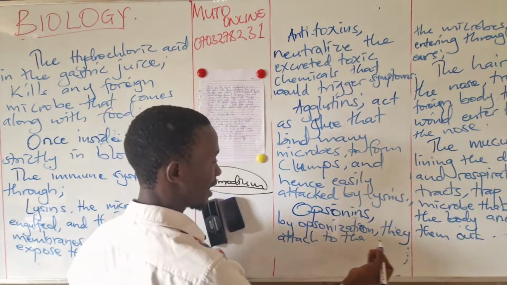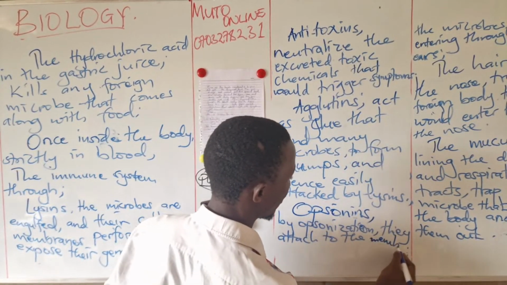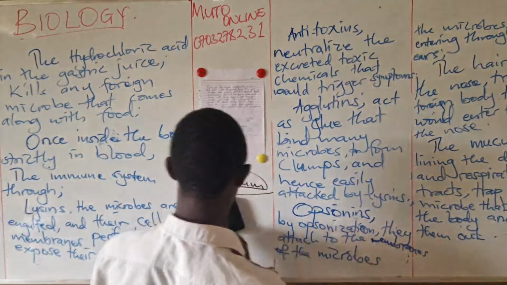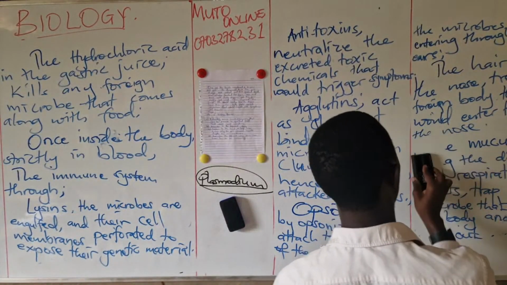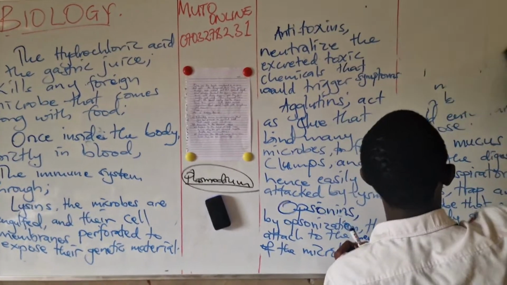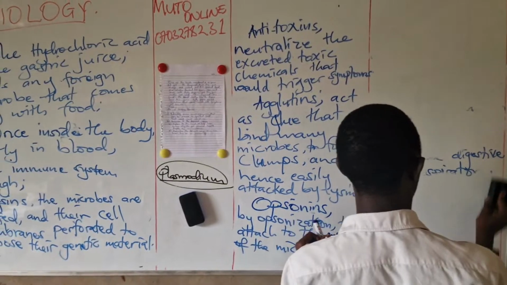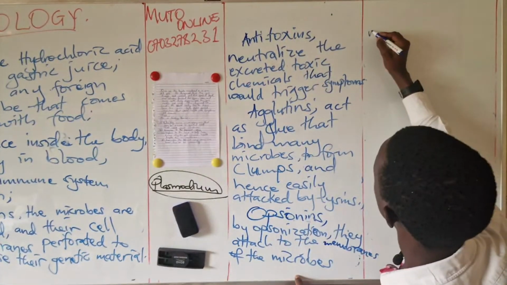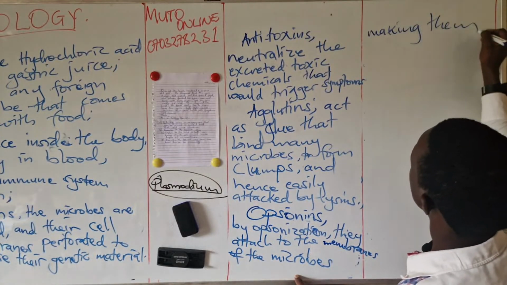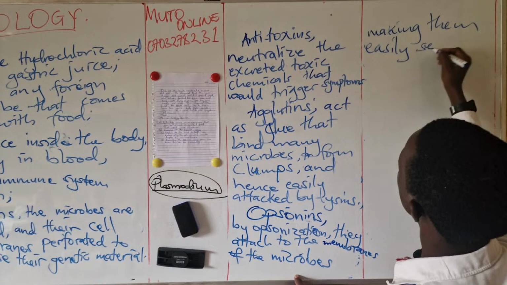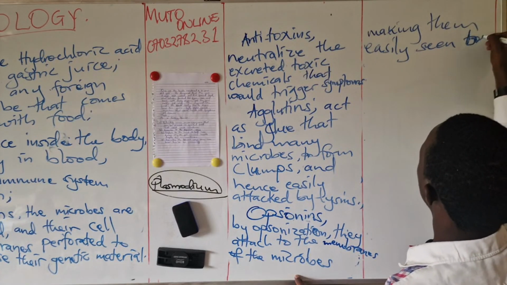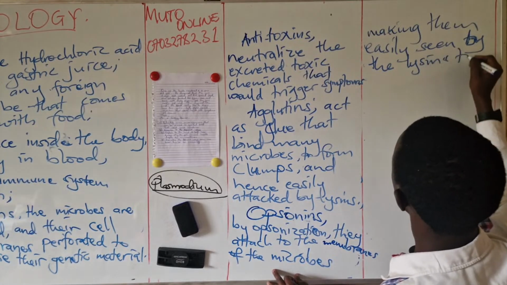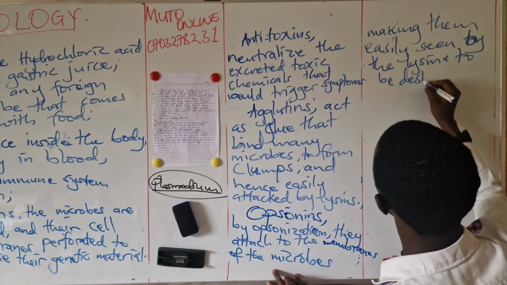So the opsonins attach to the membranes of the microbes, making them easily seen by the lysins to be destroyed.